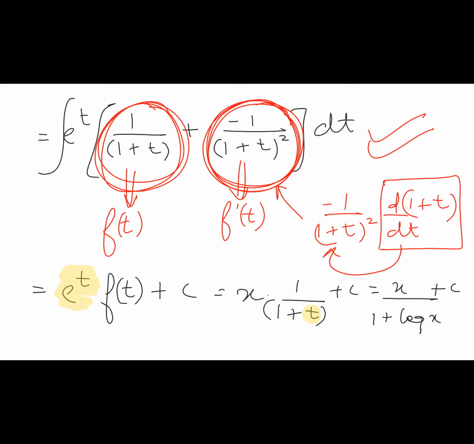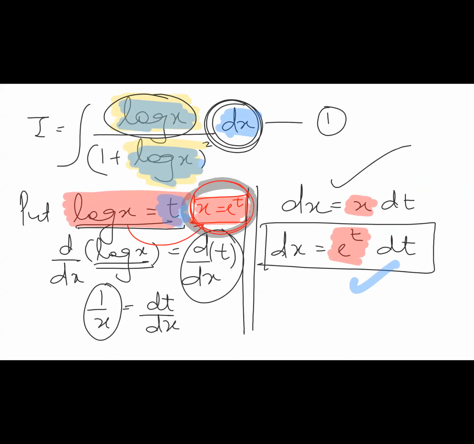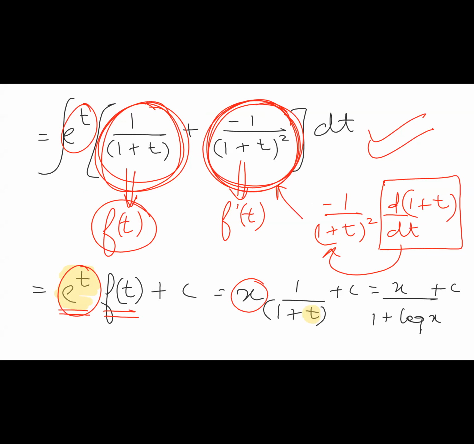So as per the property, we are getting e raised to t f of t. E raised to t is nothing but x, right? And f of t is 1 upon 1 plus t. And replace this t with log x. That's your final answer.